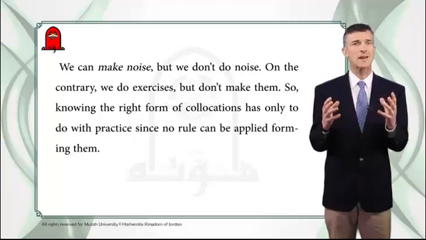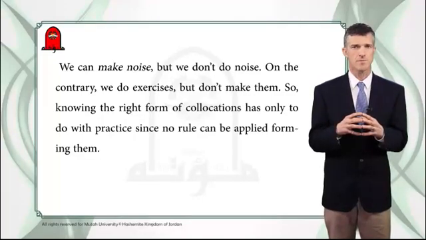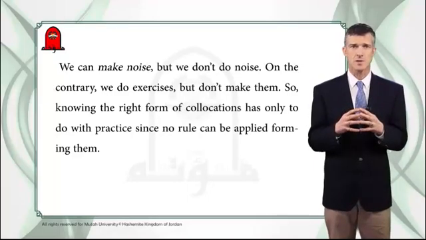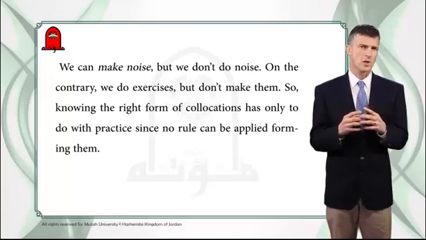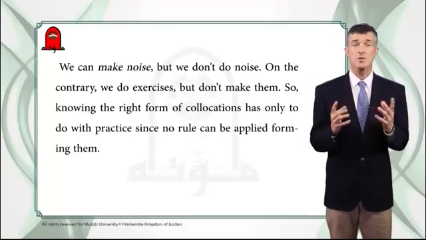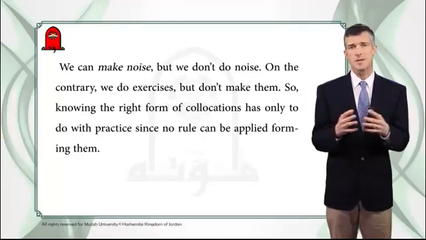We can make noise, but we don't do noise. On the contrary, we do exercises, but don't make them. So, knowing the right form of collocations has only to do with practice, since no rule can be applied in forming them.